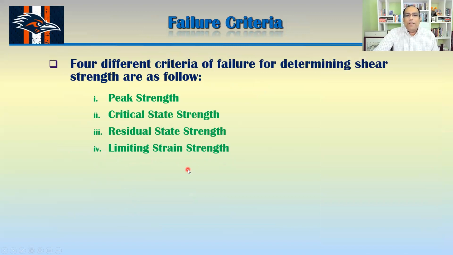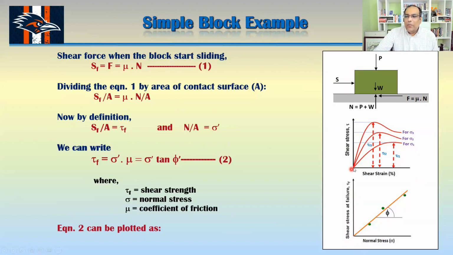Now this is kind of important: where do you get your shear strength? Because if you look at the stress strain diagram, you just put a certain P here and then increase it a little bit and measure how much displacement is occurring.